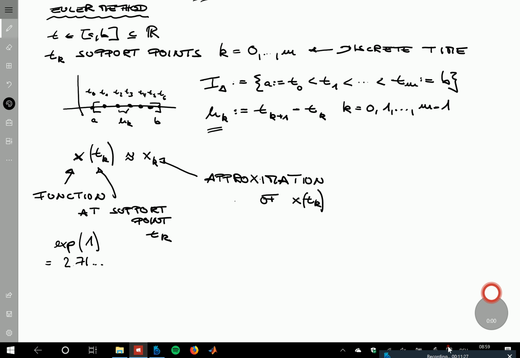And we try to approximate this by some other value, for example 2.9 or something. So this is the actual function evaluated at a discrete time point, and this is the approximation. And the question is, of course, what to use as an approximation. We haven't discussed that yet, but that's the overall aim.